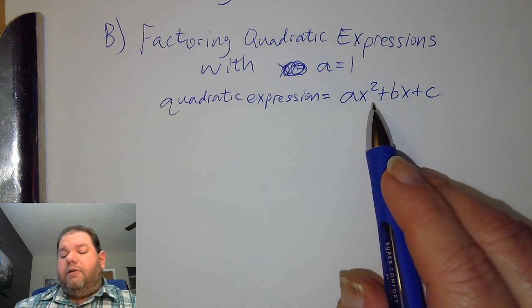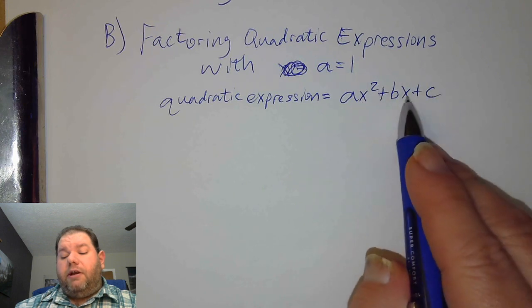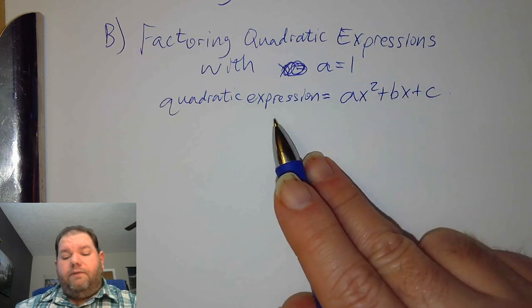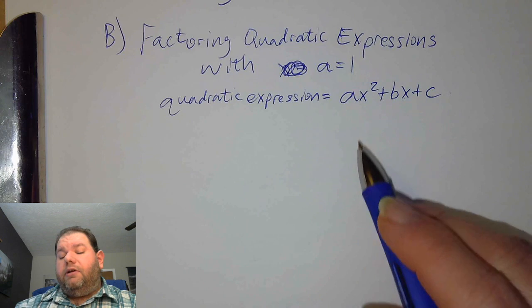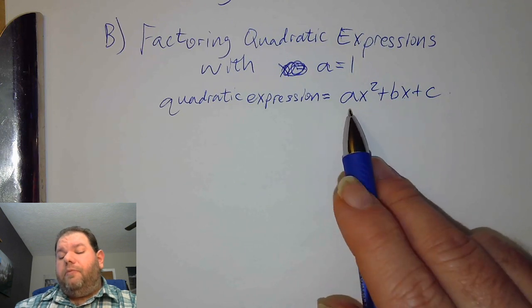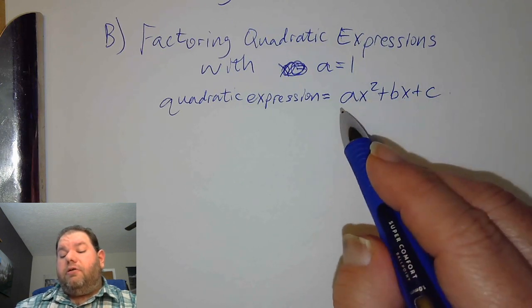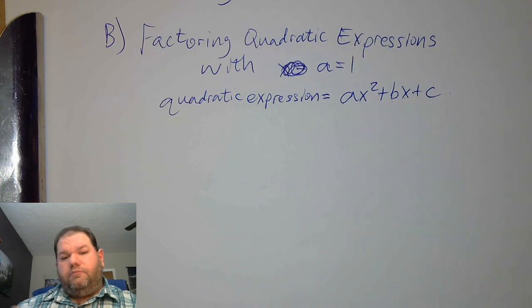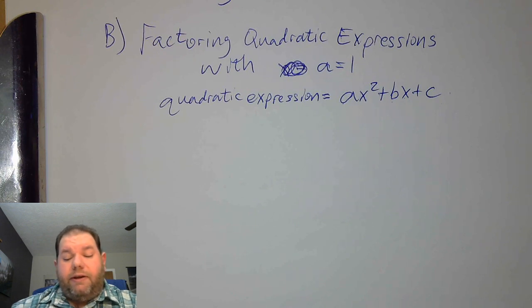The idea is that we know we're going to have x squared and x and a constant every time we have a quadratic. But the coefficients are called a, b, and c. Those will represent numbers. We just don't know what those numbers are quite yet.